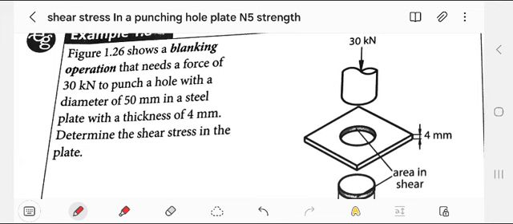Here the question says Figure 1.26 shows an operation that needs a force of 30 kilonewton to punch a hole. Once you notice these words, punch a hole, you must be very careful. A hole with a diameter of 50 millimeter in a steel plate with a thickness of 4 millimeter.